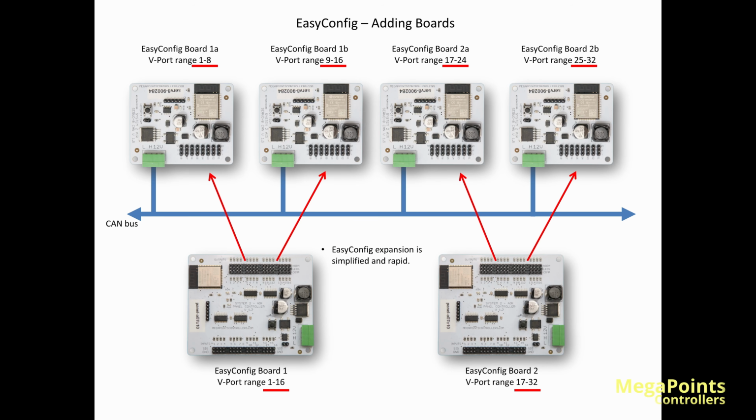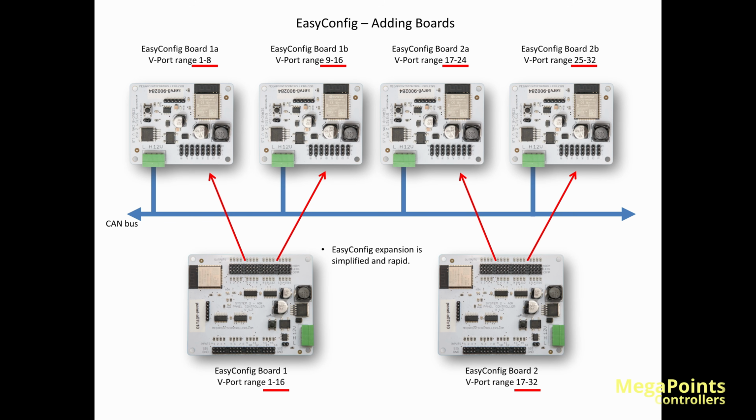If you wanted to expand that, then out of the box with the easy port configs, you would configure the boards on the left 1A, 1B, and then we go 2A, 2B, and the second panel controller would be Easy Config Board 2. So each of these has exclusive control over its servo controllers, and you can add them as you need to, and it's quite a simple but fast way to implement the system.